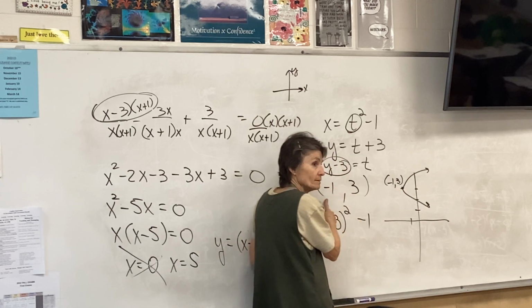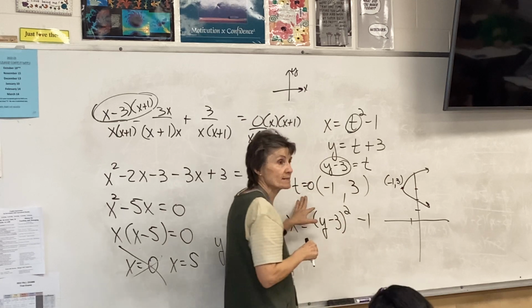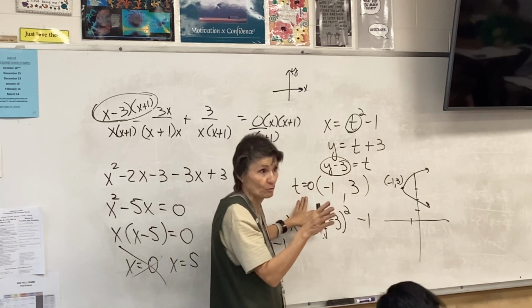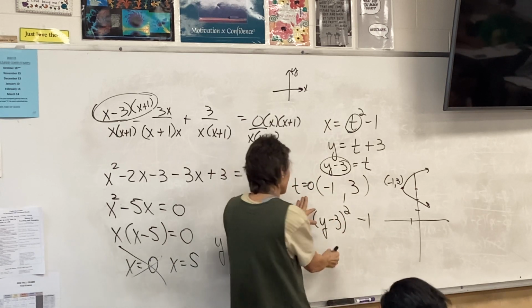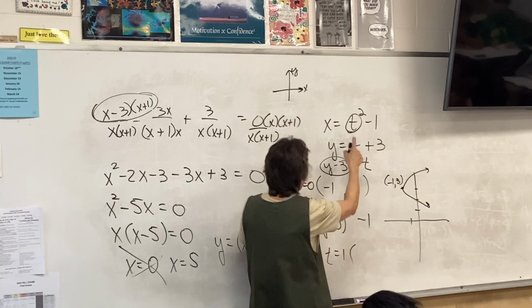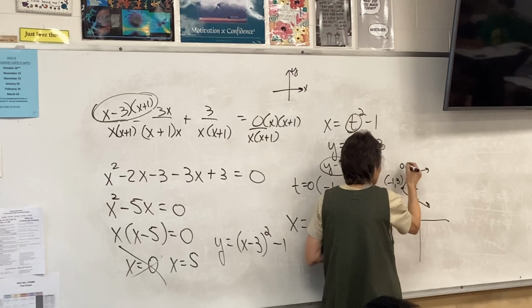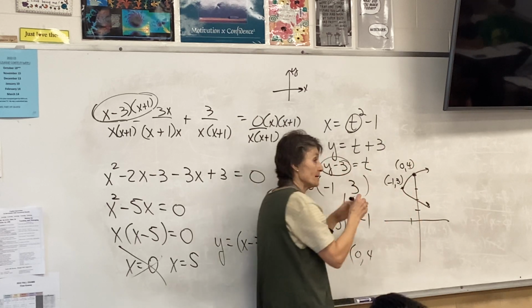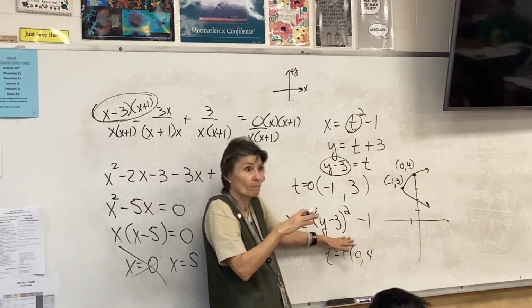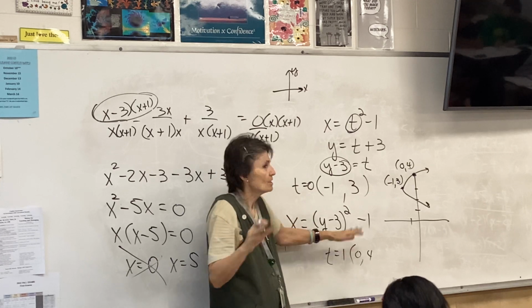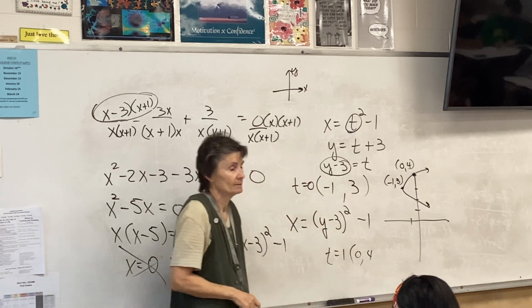Okay, there's a point. So if I want more points now, I'll let t be other things. So if I let t be 1, I would get 0, 4. That's this point right here, 0, 4. And so if I can't tell from my equation what the graph is, just make up some t's and plot them.